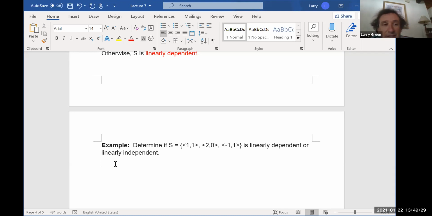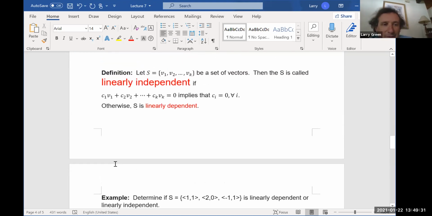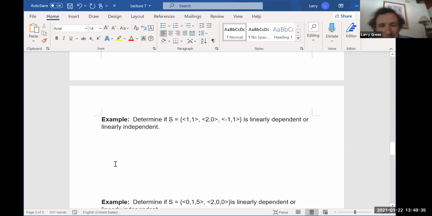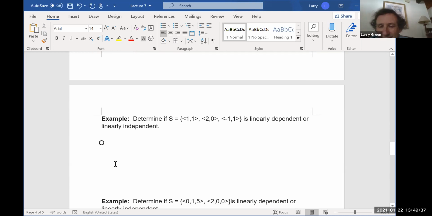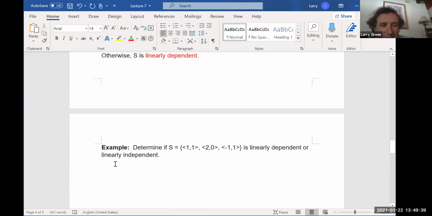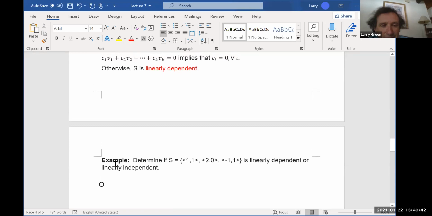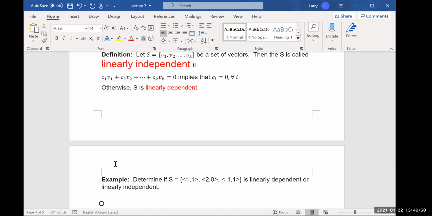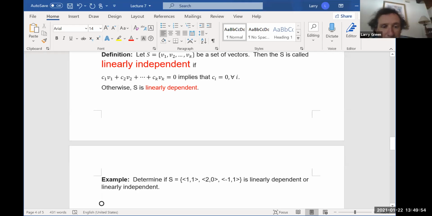It's not tricky. In fact, let me scroll up a bit. That might help. So how do we start this? Yeah, we write the formal linear combination and see what happens.